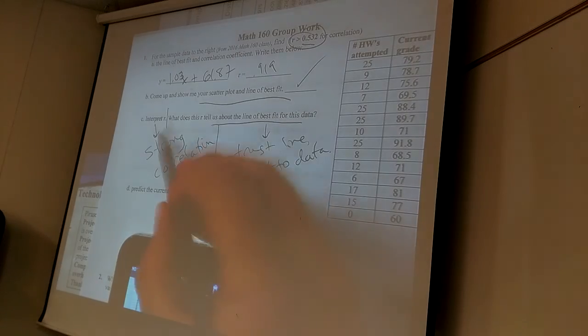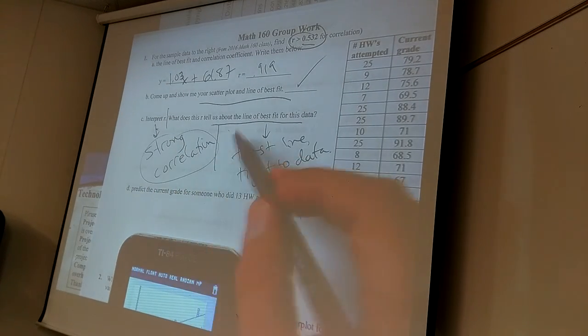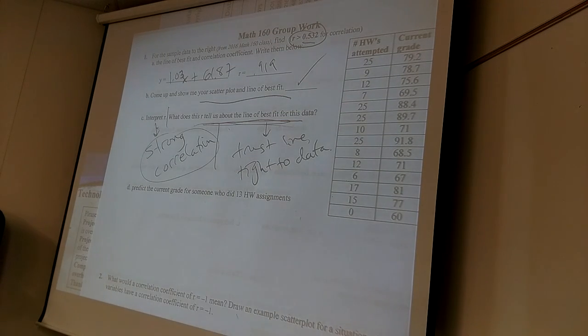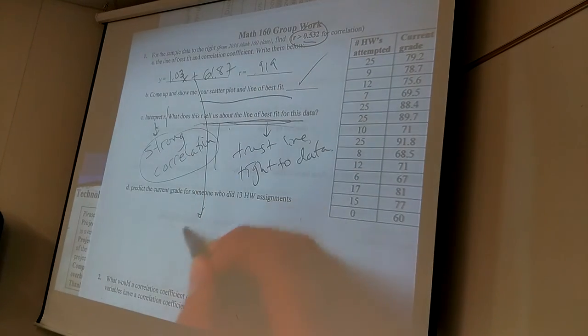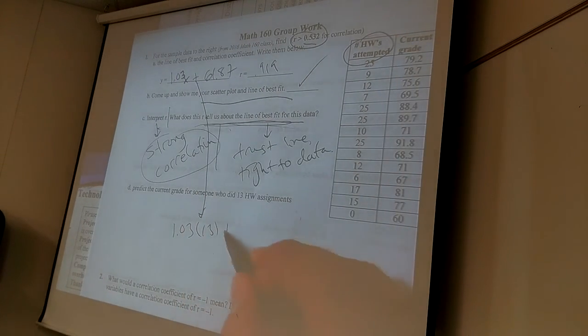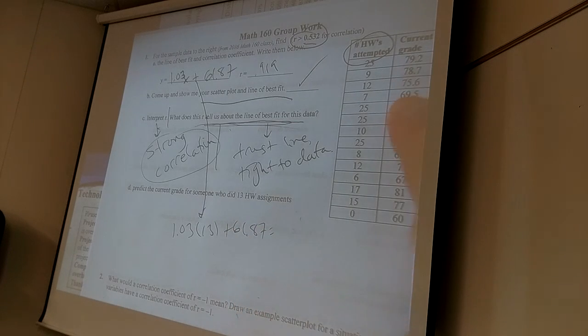So there are two questions here. Don't just tell me this and stop. I need something more specific. If somebody did 13 homeworks, I could do it directly by just plugging 13 in, because X represents the number of homeworks. This is true data, by the way.